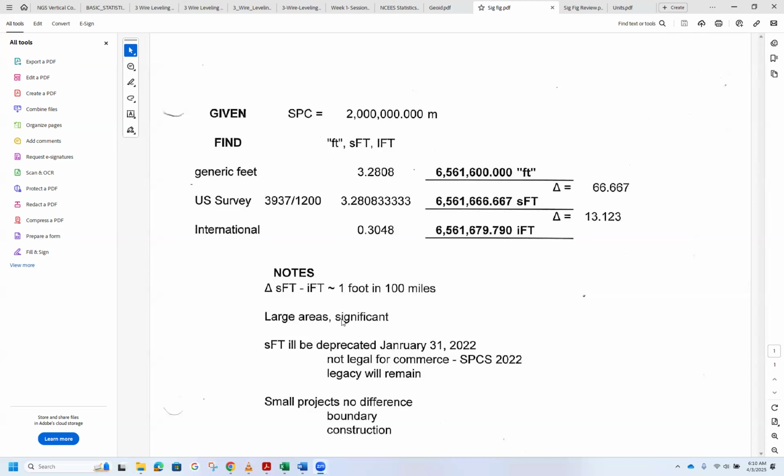Let's see here. Oh, there we go. Okay, now I'm all backwards. Okay, there we go. Fixed it.